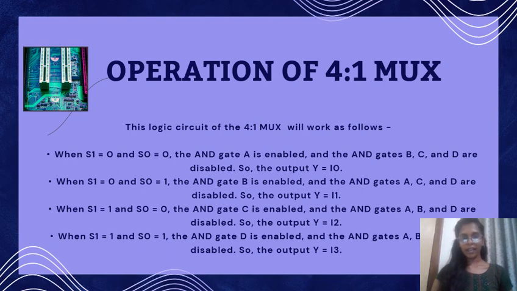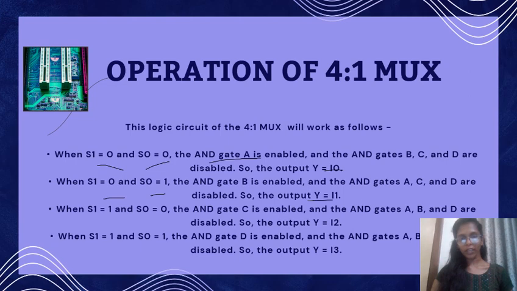In the previous slide itself I told, when S1 is 0, S0 is 0, AND gate A is enabled and AND gates B, C and D are disabled. So the output Y is I0. Similarly, when S1 is 0, S0 is 1, the AND gate B is enabled and the others A, C, D are disabled.